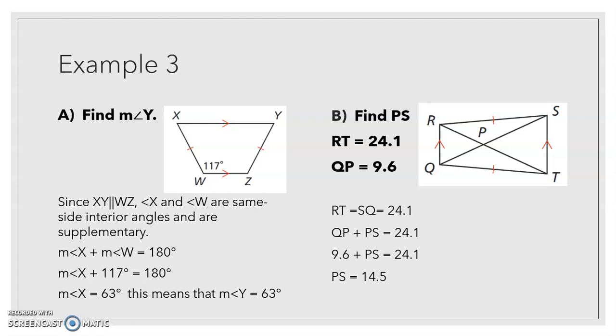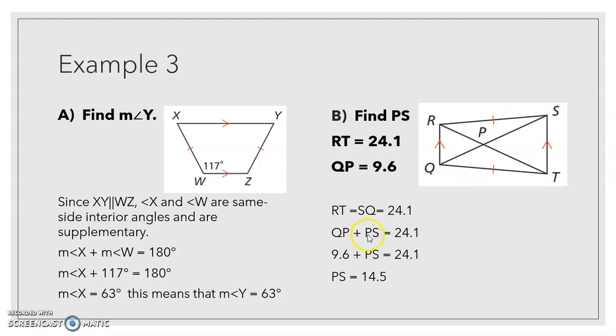Okay, so what I figured out is that RT is a diagonal, and that means that it's going to be equal to the length of SQ. So both of those diagonals are 24.1. I also know that the length of SQ is going to be the part plus the part, so it's QP plus PS.